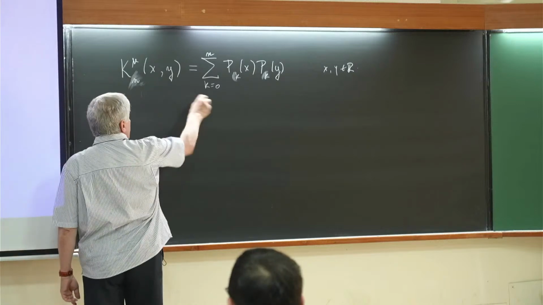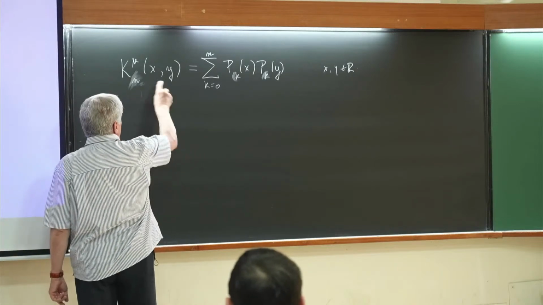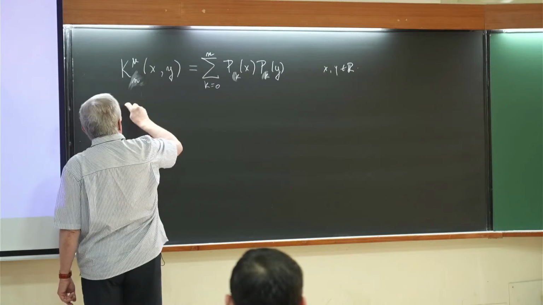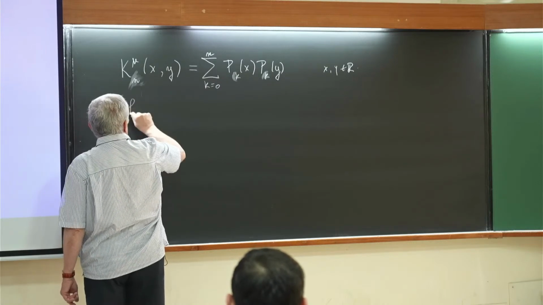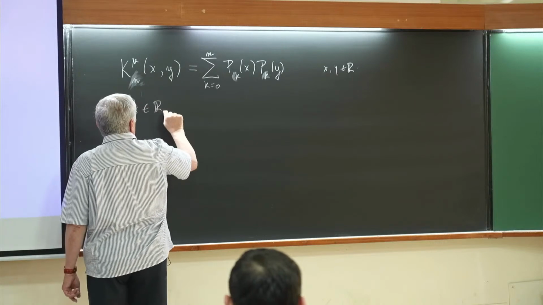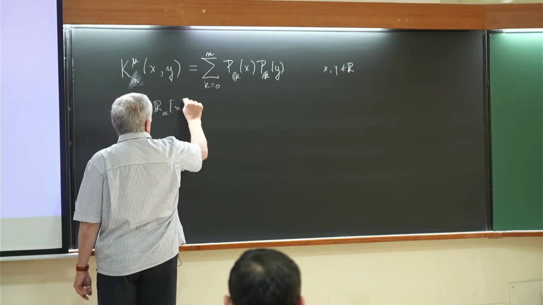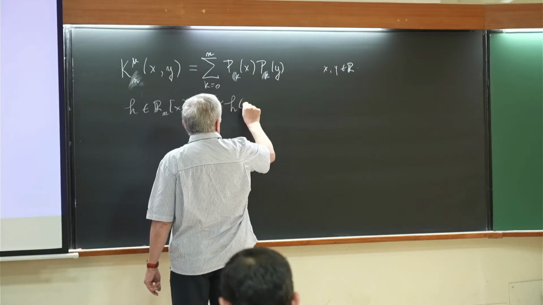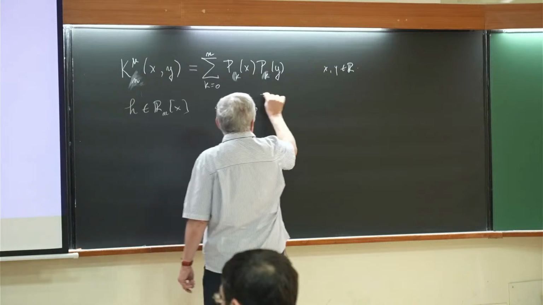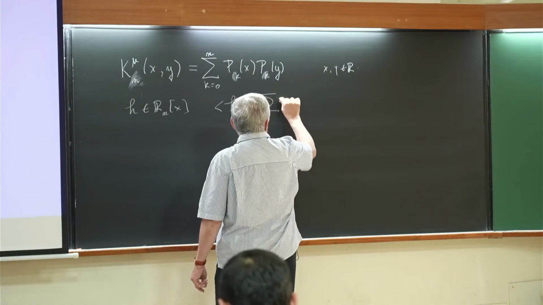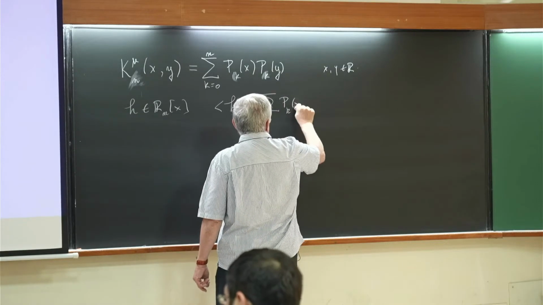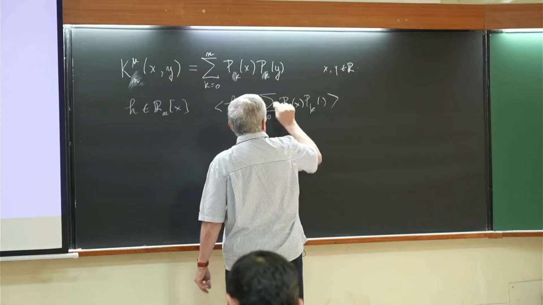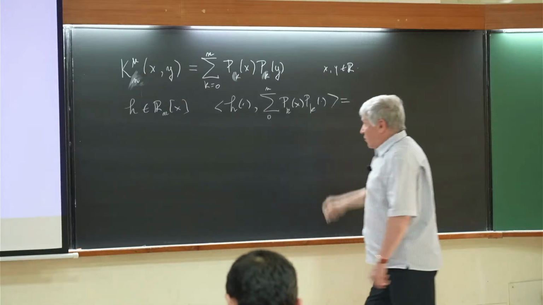How do we find the point evaluation at some running x or lambda as you want? So we take our h and take the inner product with this quantity.